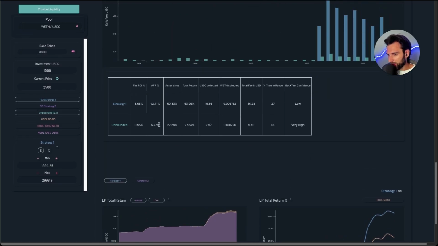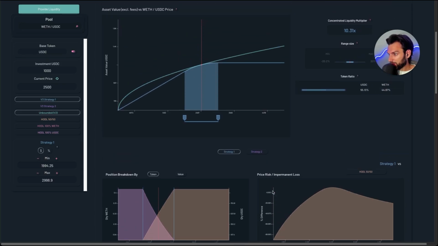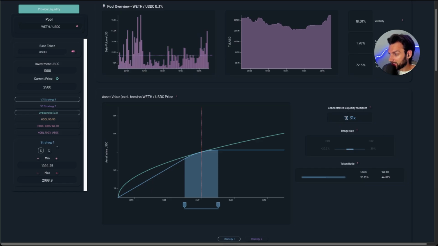So unbounded is our V2 pool, right? That is the full range. What can we see? The full range made 6.47% a year on that liquidity, right? So what we need to do now is to take that 6.47%, and remember we're 10.31 times more efficient than UniV2.